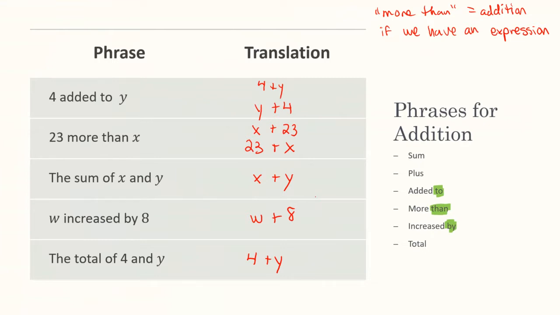So if I go back, 4 added to y, the symbol is between 4 and y. 23 more than, the symbol is between 23 and x. Here we have the sum of, it was between the x and y. Increased by, so it's between the w and the 8. Total 4 and y, there was the and, so it's between 4 and y. So those kinds of words that are not nouns or adjectives, those other smaller words, are the ones where the symbols are going to be between.